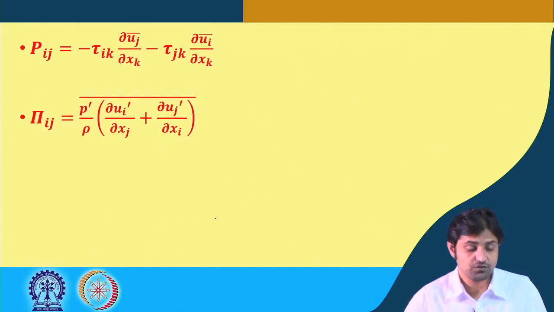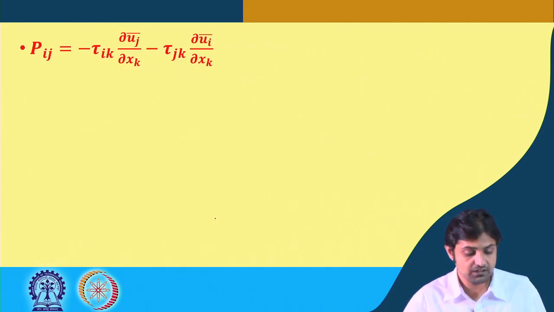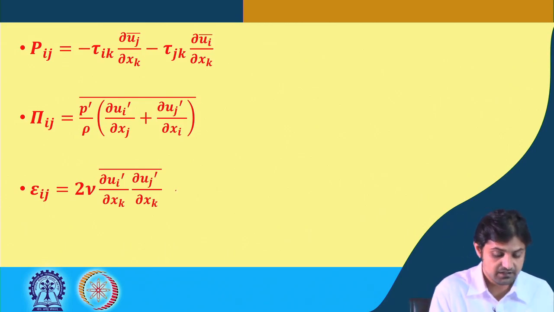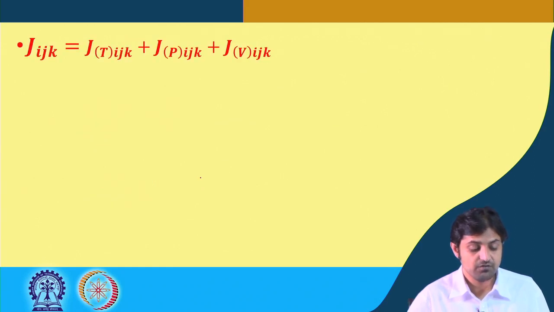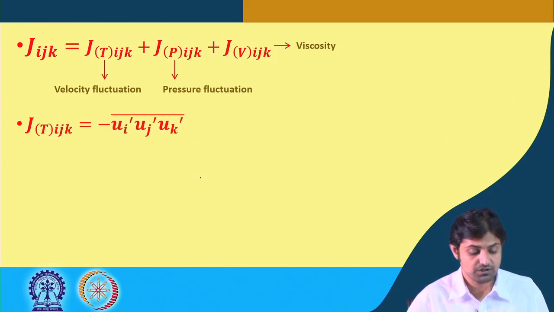Pij is given as minus tau ik del uj by del xk minus tau jk del ui by del xk. This is the expression for the production. Epsilon ij is the dissipation, expressed as 2 nu del ui prime by del xk del uj prime by del xk whole bar. Jijk is given in this form: this is the velocity fluctuation, this is the pressure fluctuation, and this is the fluctuation due to viscosity.